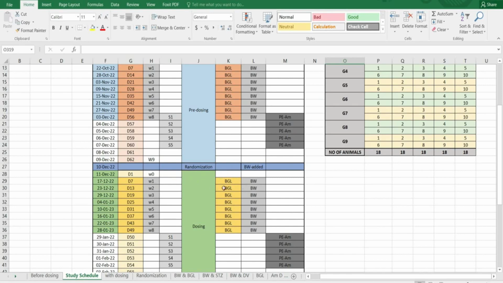Otherwise, randomization according to body weight will be okay. After randomization, the next step is to check at least 4 weeks of body weight and BGL level, and that should be in a set-wise manner. So suppose you are giving the dose now, because the next step is the dosing stage.